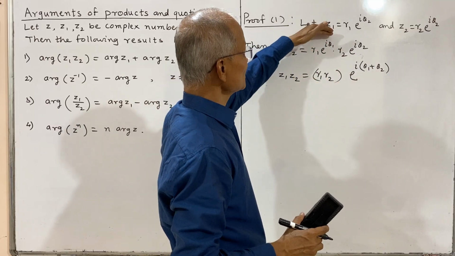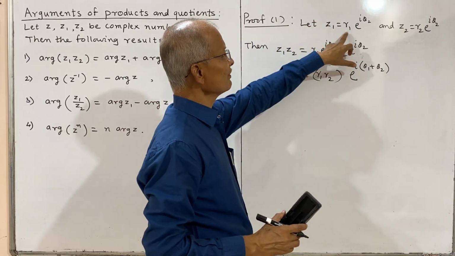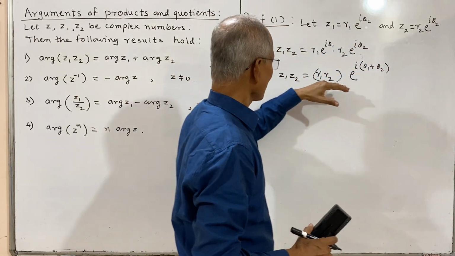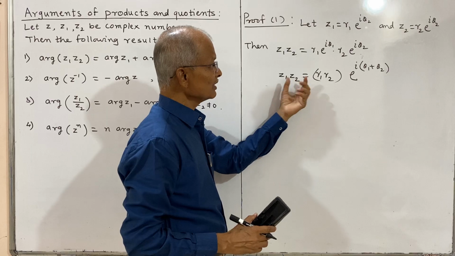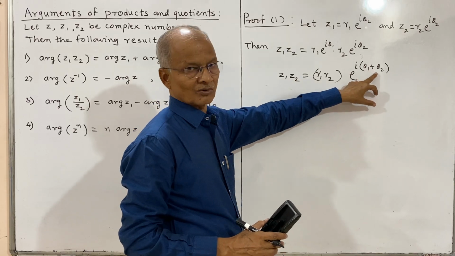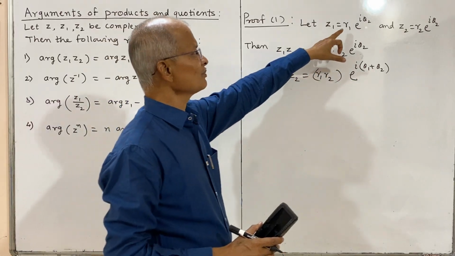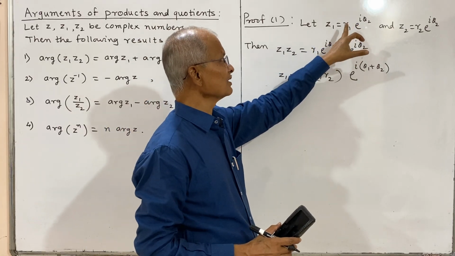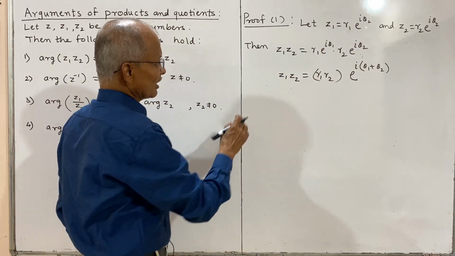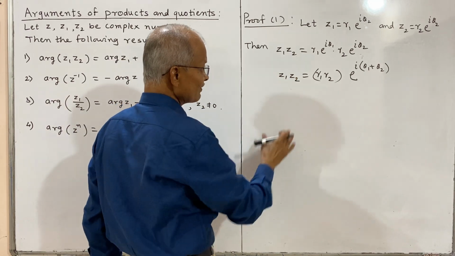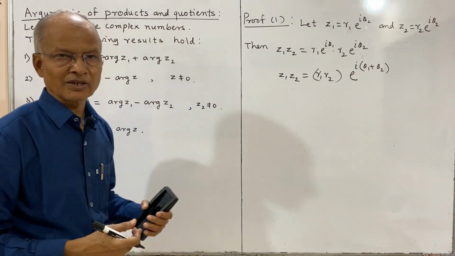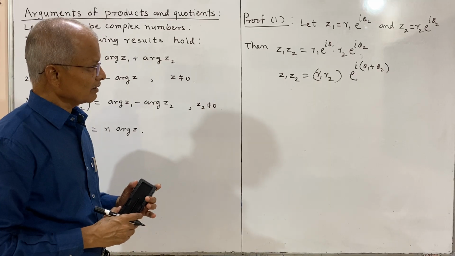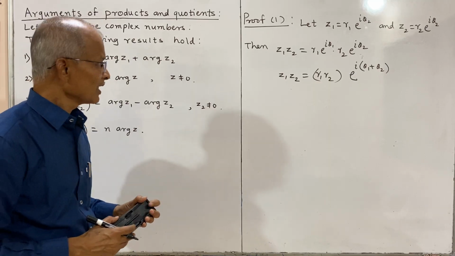Now, argument of z1 is theta 1, argument of z2 is theta 2, and from this, argument of z1 z2 is theta 1 plus theta 2. If a complex number is written in this form, r1 is the absolute value of z1 and theta 1 is the argument. That is one value of the argument. There are infinitely many values of argument which differ by integral multiples of 2 pi.